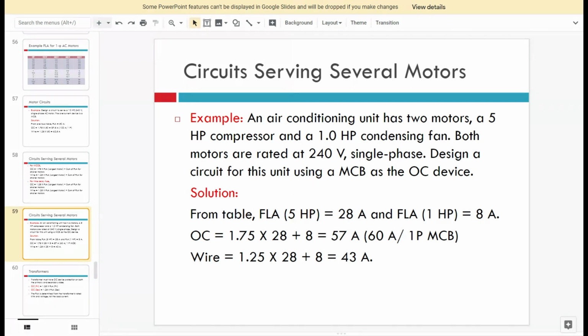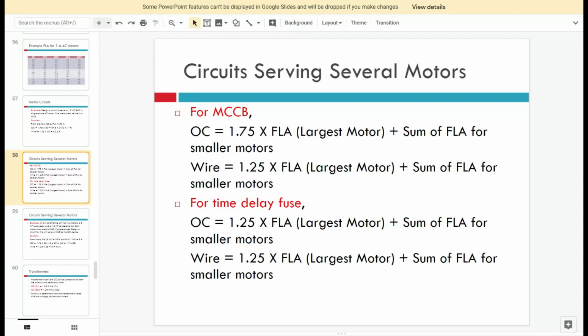In order to determine the current rating or the sizing for the MCB, we have to consider the overcurrent cases. So we have to use the equation as I mentioned before, the OC equation for the overcurrent protection.